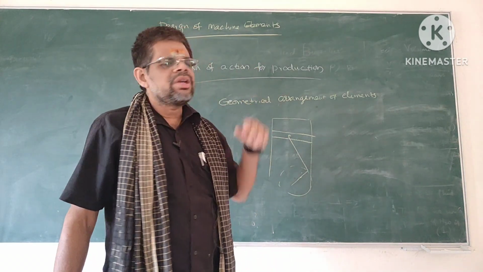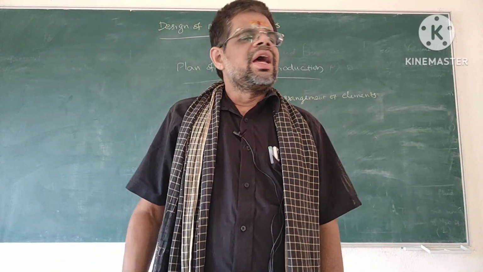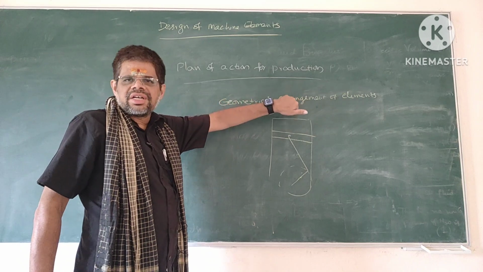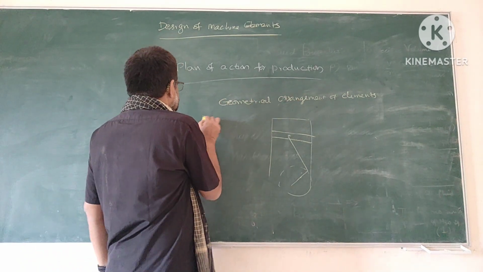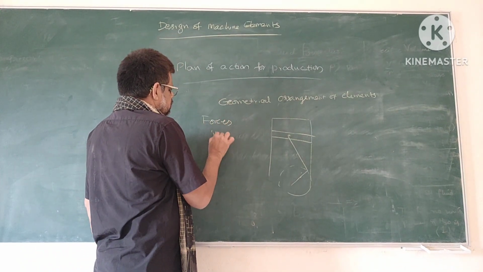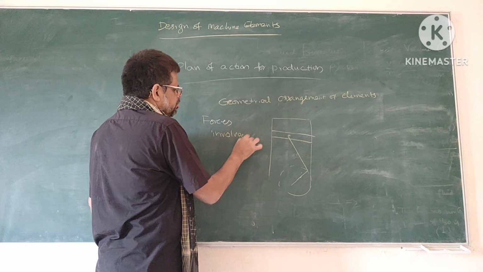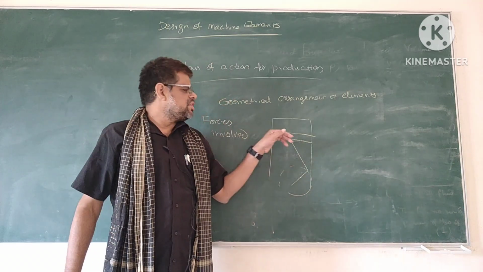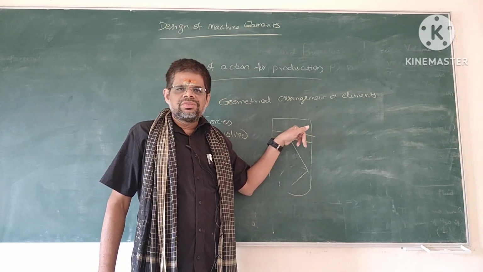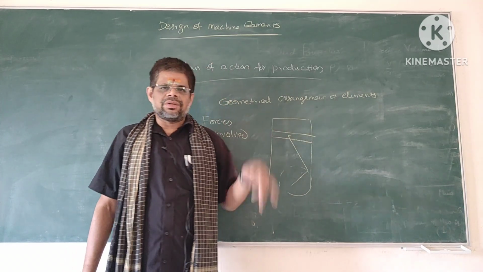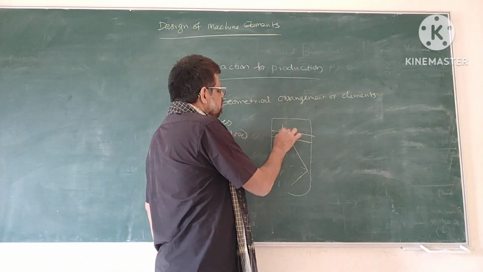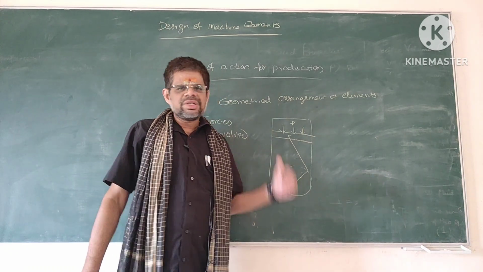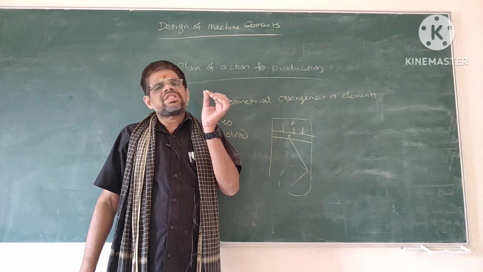So that is the geometrical arrangement of elements, and also during this process you have to consider what forces are involved. That means what forces are acting on the element during its operation. For example, if you take this piston, on this piston you will have the pressure energy from the gas. The gas will apply some force on the piston. The piston must withstand that force.